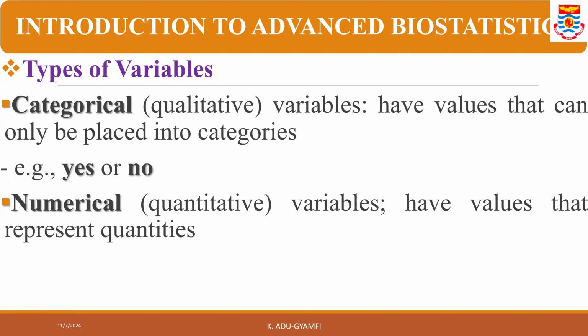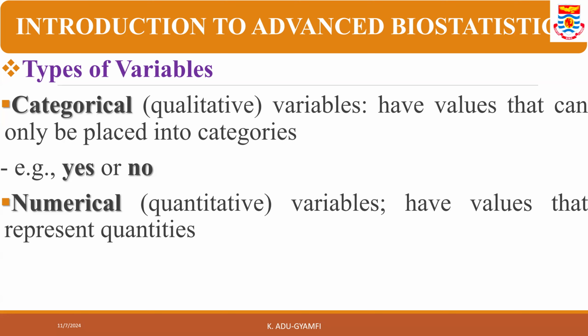Example is marital status, names, labels, smoking status, eye color, level of education, and we have different types of categorical variables.